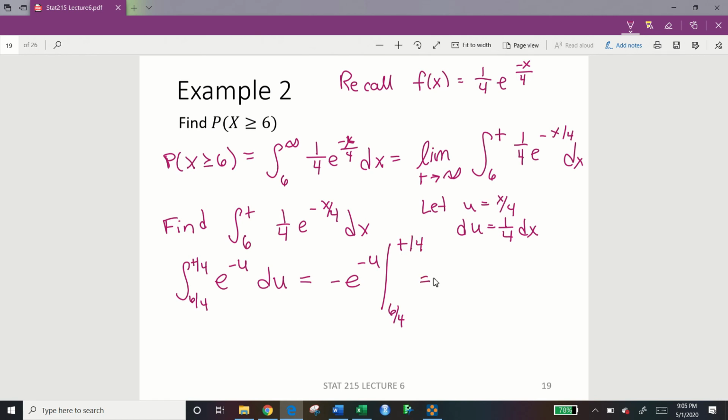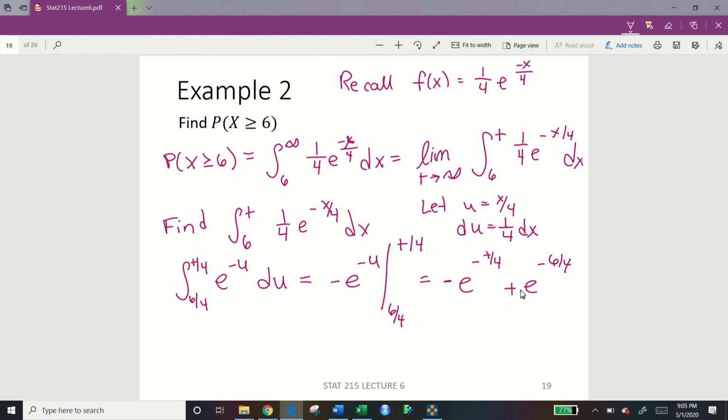This would equal negative e to the negative t over 4 plus, remember, minus minus makes a plus, e to the negative 6 over 4.